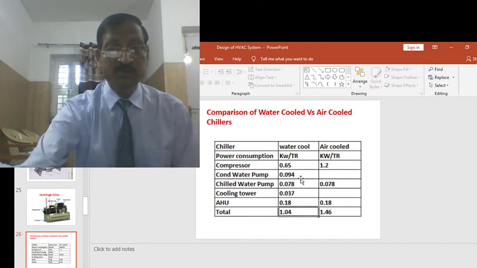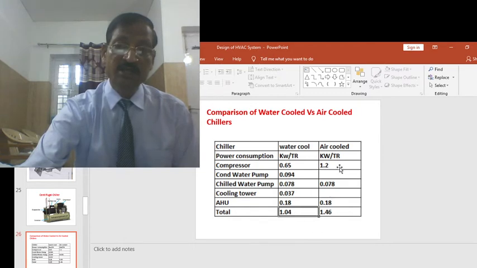For condenser water pump 0.094, chilled water pump 0.078, cooling tower 0.037, AHU 0.18, the total comes to 1.04 kilowatt per ton, whereas in the case of air cooled chiller it is 1.46 kilowatt per ton. So definitely we always use a water cooled system if water is available.